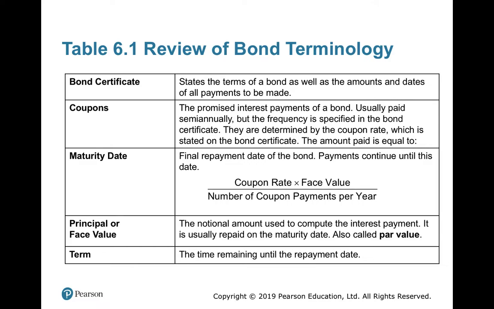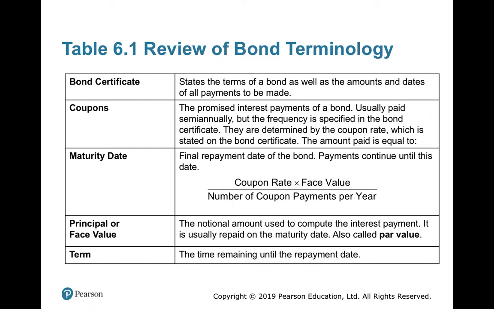Maturity date is the final repayment date of the bond. Payments continue until this date. And once the maturity date comes, the bond contract gets over on that day. So the company is bound to return the money to the bondholders.